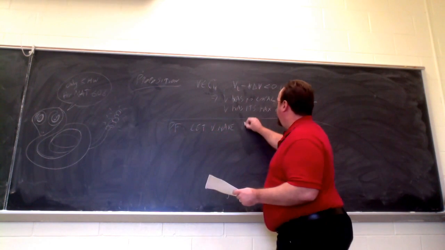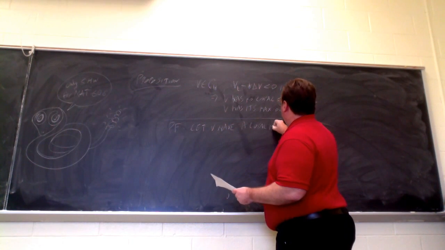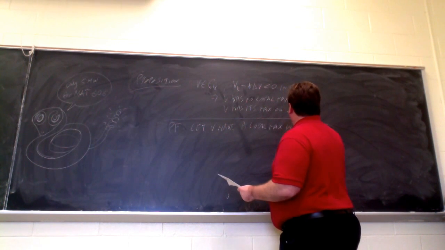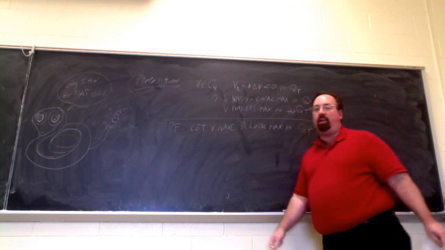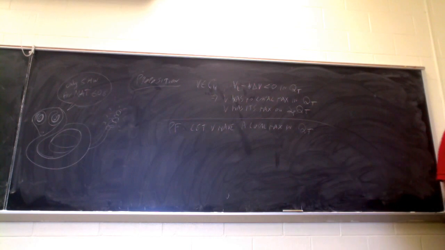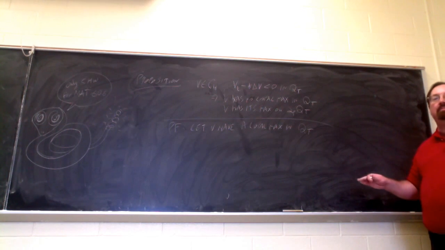So let v have a local max in Qt. Now one thing that's very important to point out to avoid getting too confused, this is a weird kind of maximum because we normally think of a maximum or minimum as being with respect to spatial variables, or maybe if you only have one time variable, so it's a one-dimensional max-min problem. Here we're taking the maximum over space and time.